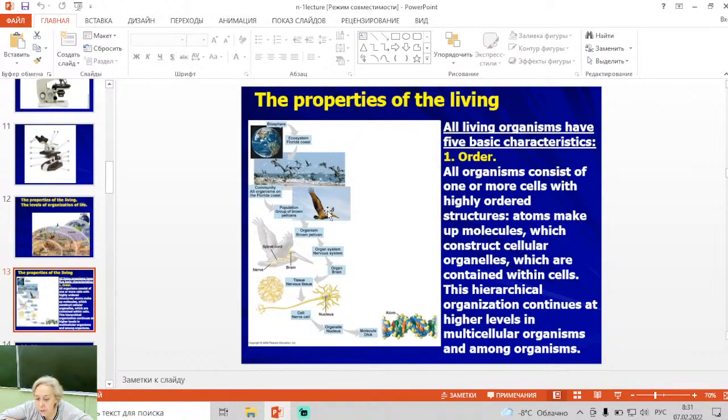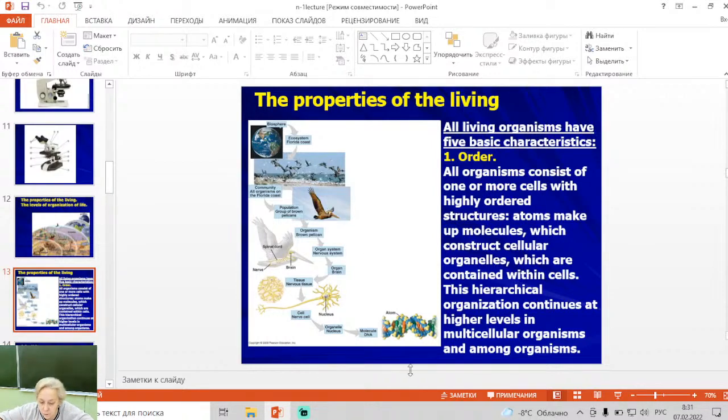All organisms consist of one or more cells with highly ordered structures. Atoms make up molecules, which construct cellular organelles, which are contained within the cell. This hierarchical organization continues at a higher level in multicellular organisms and among organisms.